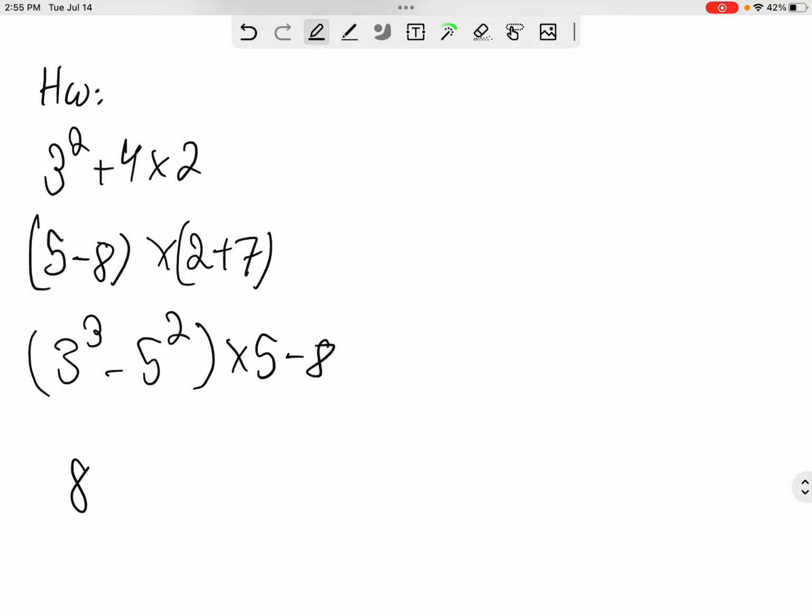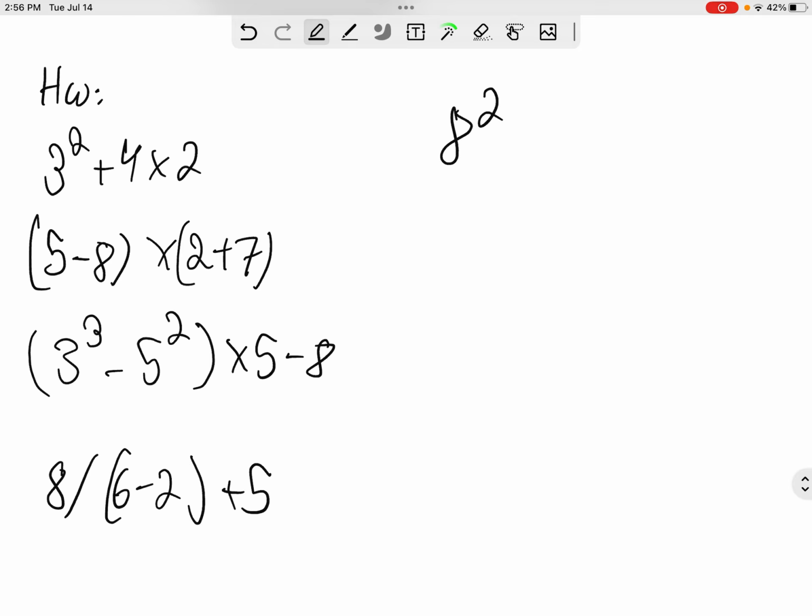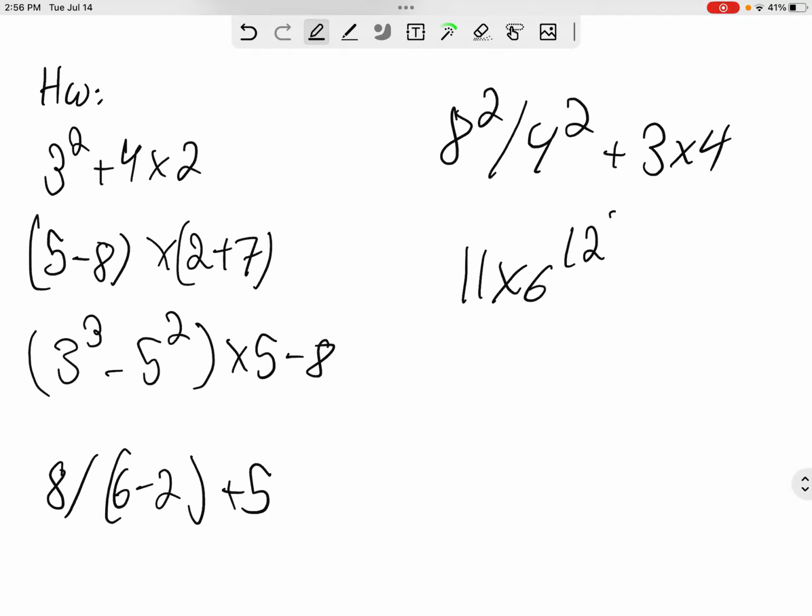Next one is 8 divided by 6, under the parentheses rule, minus 2 plus 5. The next one will be 8 squared divided by 4 squared plus 3 times 4. Next one is going to be 11 times 6, 2 to the power of 2 minus 3, 6. That's going to be all your homework problems.